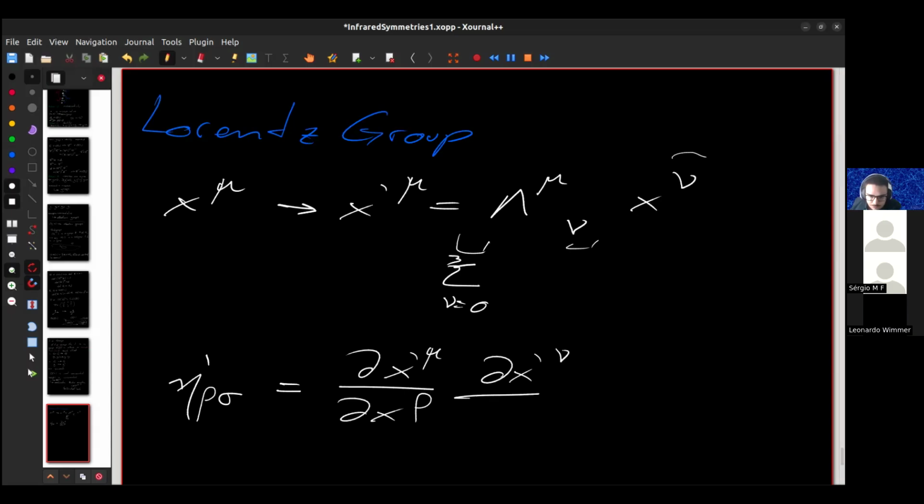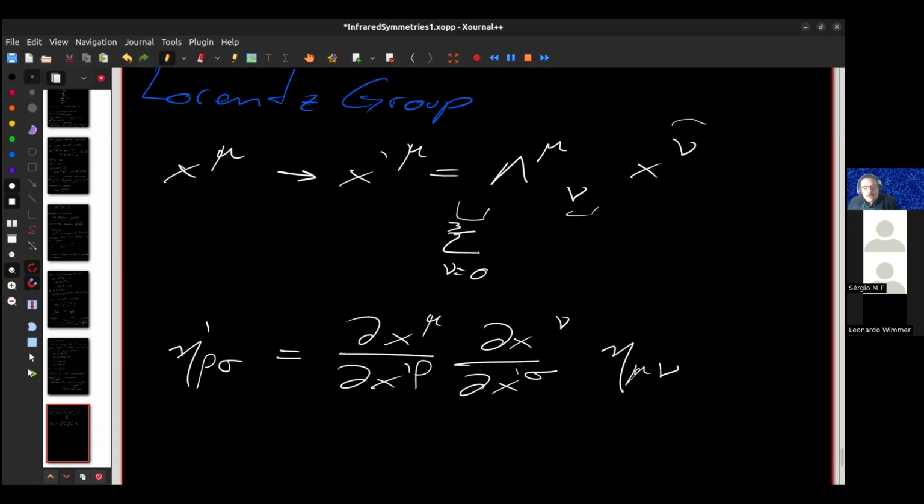Is this correct? I think no. No, the primes are the other way around. So here we're going to have this thing here, or yeah, I can just consider the inverse transformation.